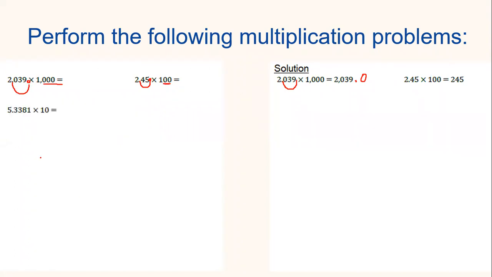This one. 53.381. Okay, don't read this just as 381. While reading it, either read it as 53.381, or if you want to read it as 381, then you have to add thousandth. 53 and 381 thousandth, isn't it?